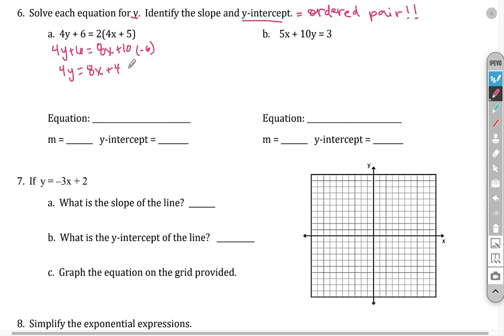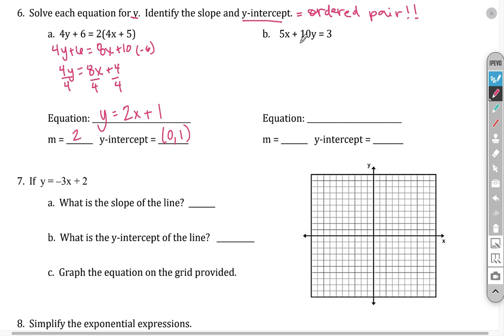Then we're going to divide by 4. So y equals 8 divided by 4 is 2x, and 4 divided by 4 is 1. So that's our equation. Our m is 2, and our y-intercept is going to be 0, 1. Remember, our y-intercept always has an x value of 0.